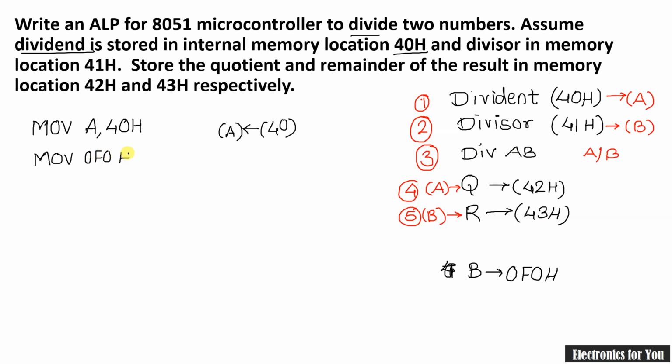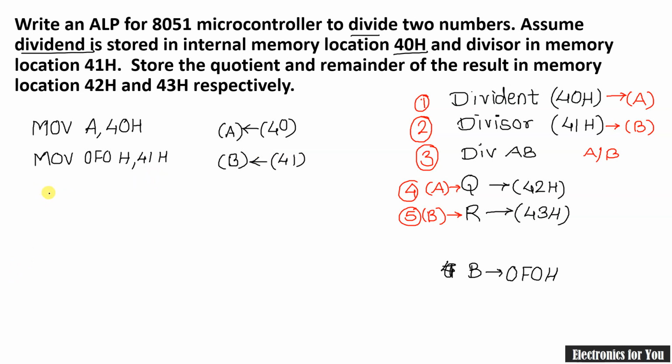It simply indicates the B register, and we are moving the content of 41H into this location. So the content of internal memory location 41H will be copied to register B after this instruction.